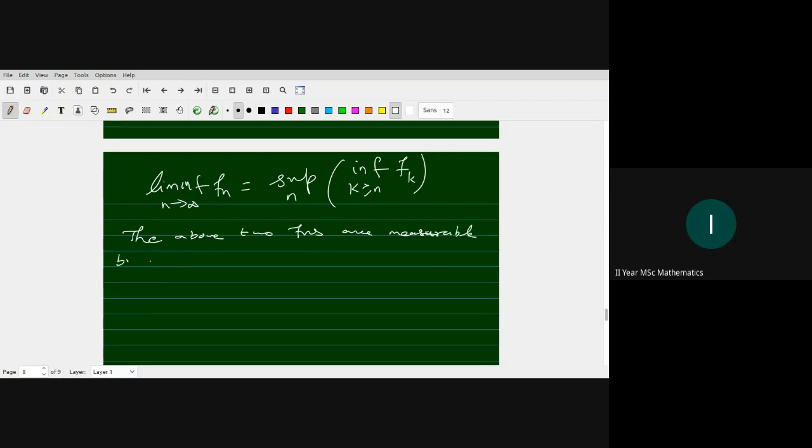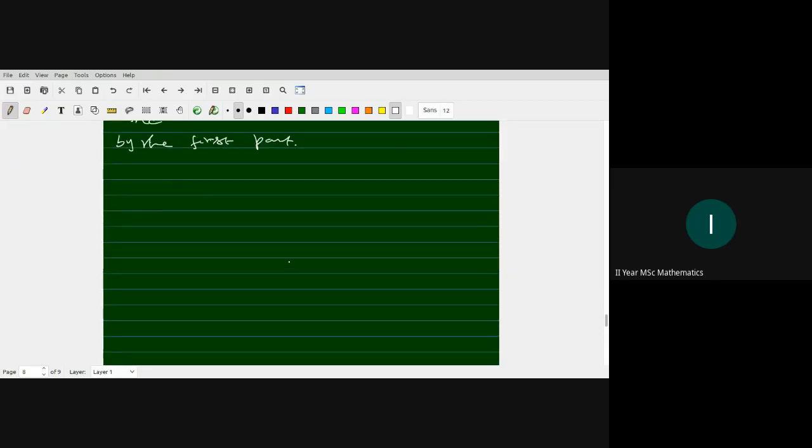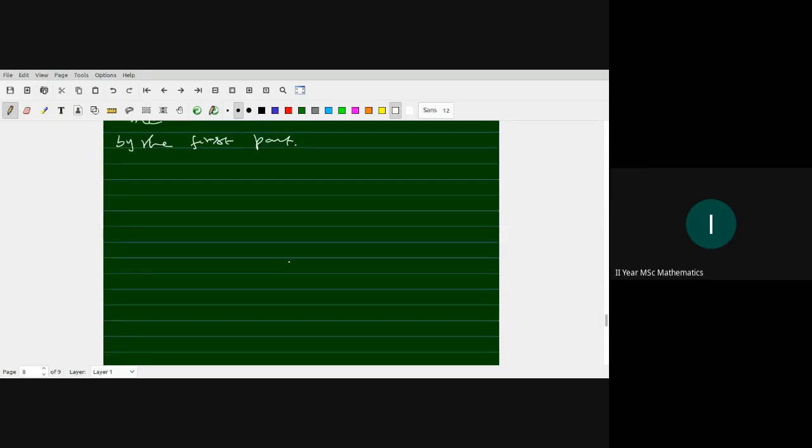So the supremum, infimum, limit supremum and limit infimum of a sequence of measurable functions are measurable. Next, a corollary of this theorem.